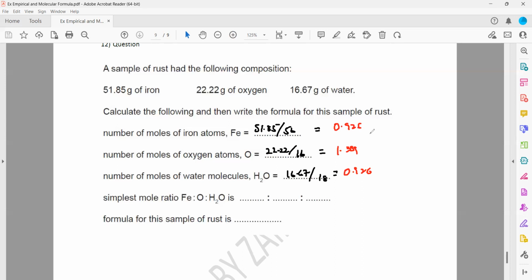Then the simplest ratio. How to take the simplest ratio? Between 0.926, 1.389, and 0.926, we divide all of them by the smallest value, which is 0.926 in this case. So this will be 1, this will be 1.